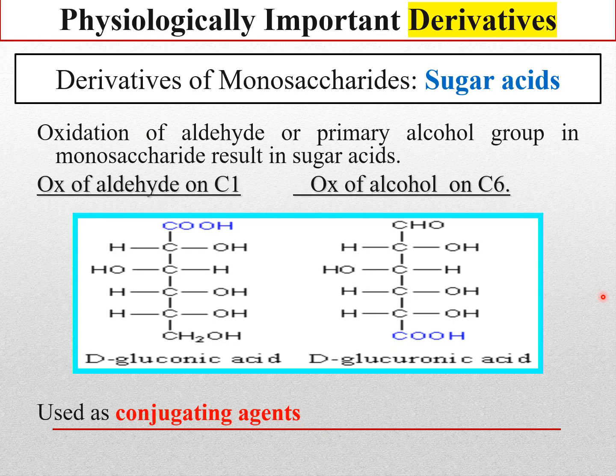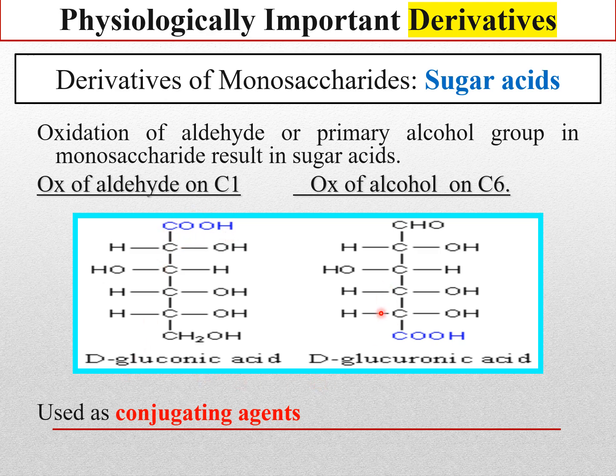What are physiologically important derivatives? Derivatives are modified sugars. So here we're going to look into sugar acids, where at the top, carboxylic group is formed. If you recall the structure of glucose, it will have at the top CHO or carbonyl group. So once it is oxidized, it will become an acid, and it is known as gluconic acid.